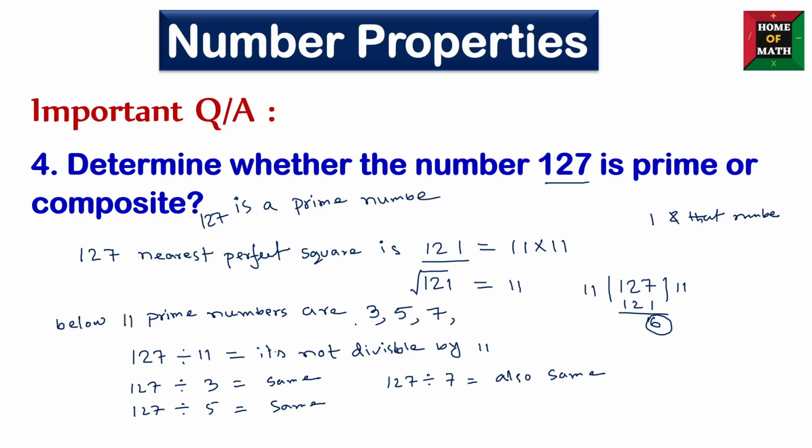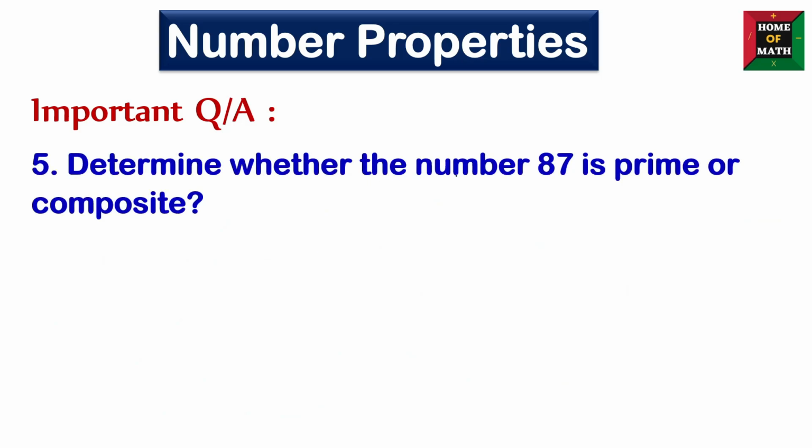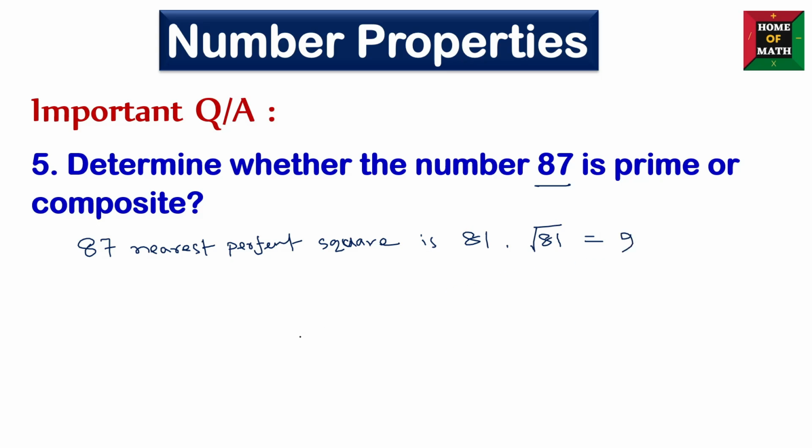Next one, determine whether the number 87 is prime or composite. The nearest perfect square to 87 is 81, because the square root of 81 is 9, right?